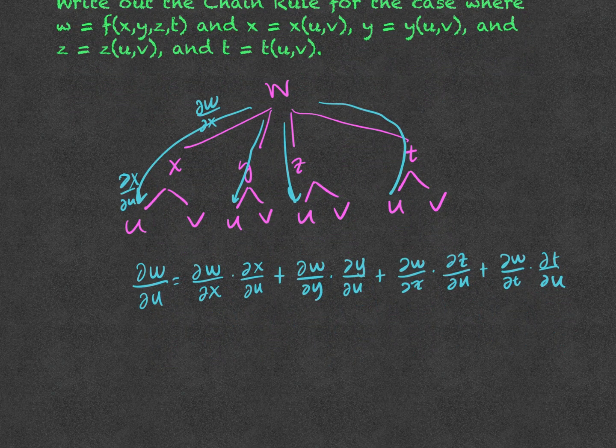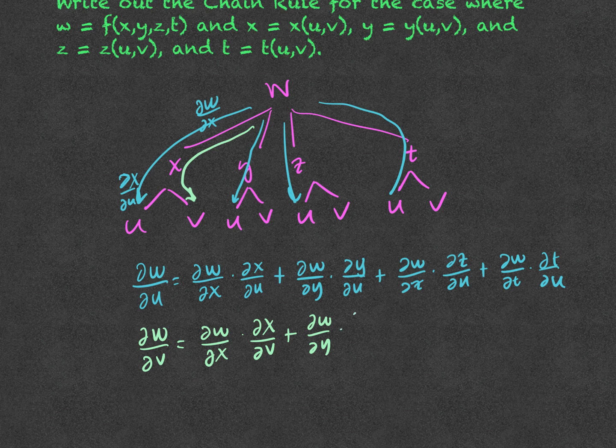And now we need to do it in terms of v. So we're going to do the same thing again in terms of v. The partial of w with respect to v is the partial of w with respect to x times the partial of x with respect to v, plus the partial of w with respect to y times the partial of y with respect to v. So it travels down this path.